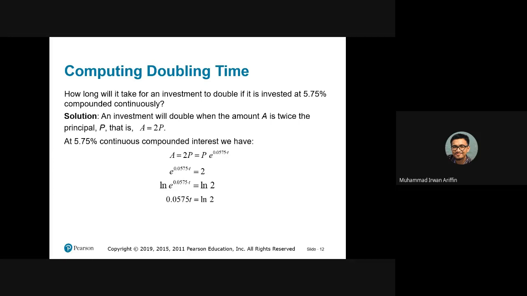If you have any issue or problem understanding the examples, please let me know, because what you need to do is simply substitute the values with the information given in the question.